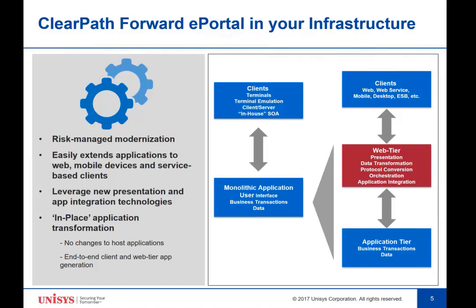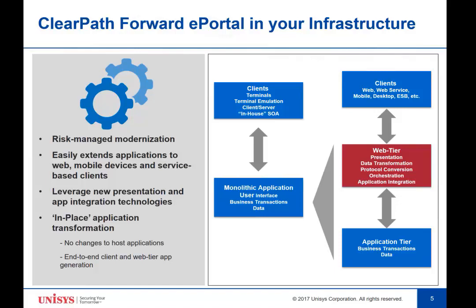So how does ePortal accomplish all this? Well, as we can see in this particular diagram, ePortal accomplishes this by enabling you to transform monolithic single and two-tiered applications into a modern multi-tiered and agile architecture which is capable of delivering the latest web, mobile and web services based interfaces.